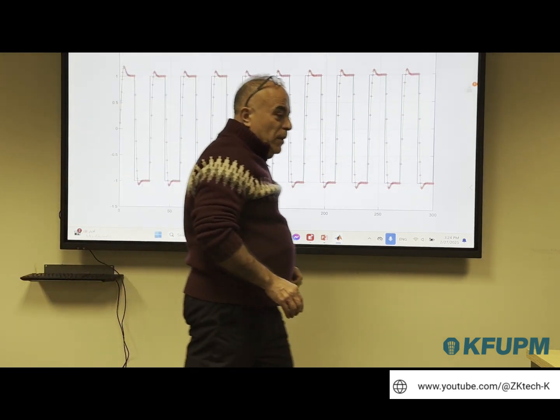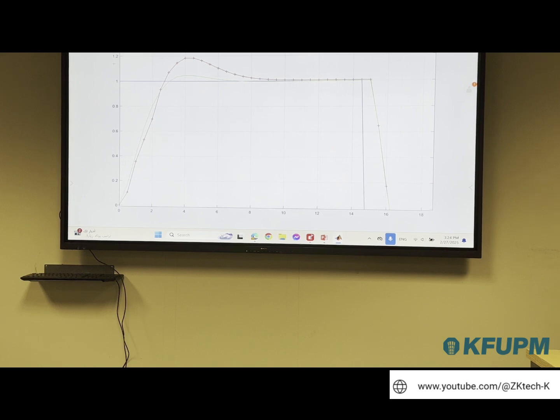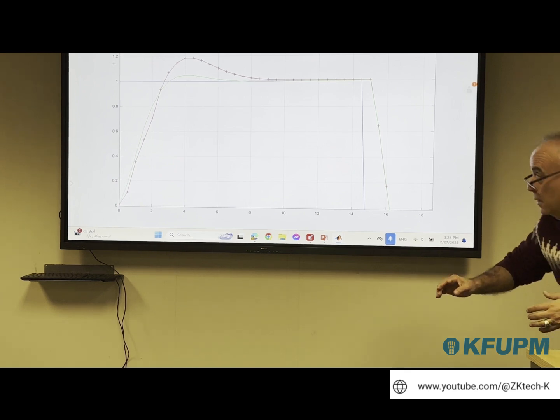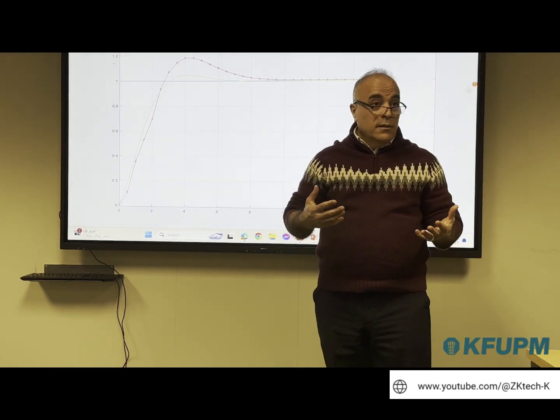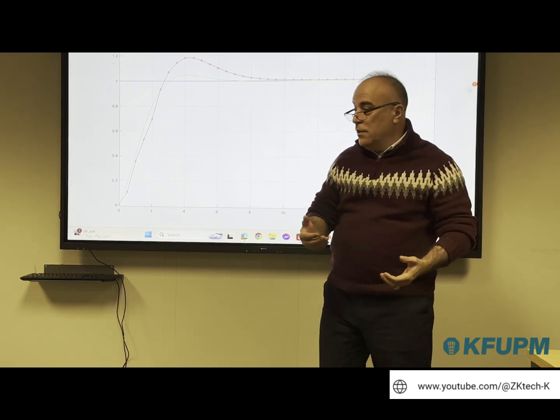So if I zoom on this part, for example, here, you can see the difference between your reference model and the real system. And you see here, the values are incorrect. Your parameters are not the right values because you are still in transit in the identification.